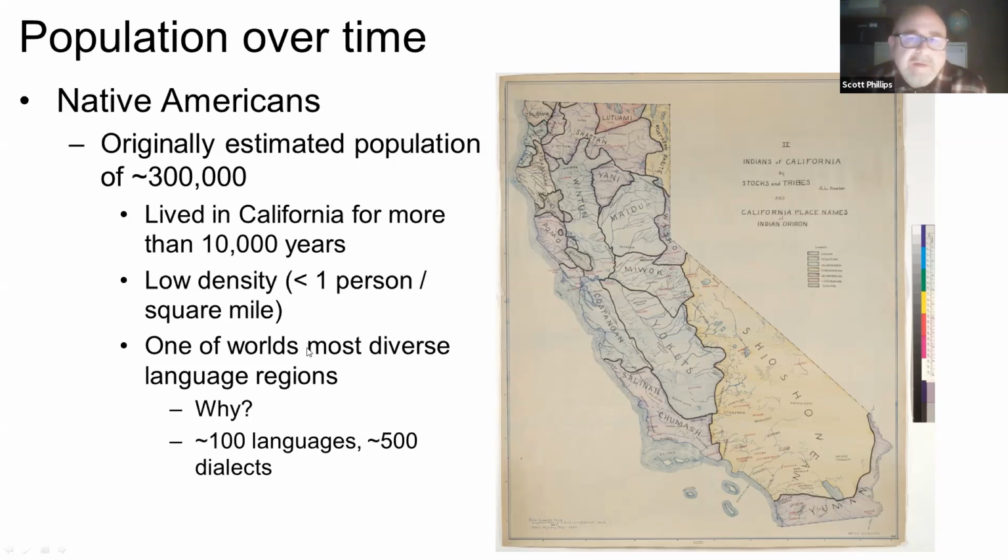During this period, California was one of the most diverse language regions for Native Americans, with about 100 languages and 500 dialects. One thing that helps to explain that is the different types of environments in California.